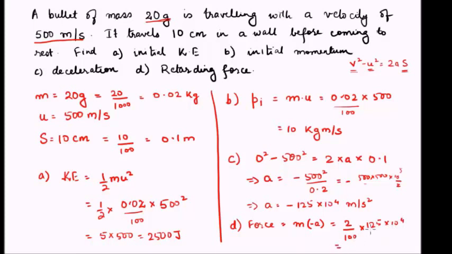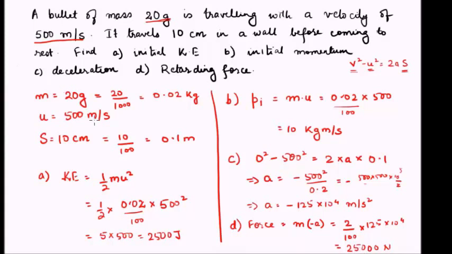This will make it 250 with 2 zeros at the end, that is 25,000 Newton. So this is the retarding force, that retarding force which is applied on the bullet by the wall is 25,000 Newton.